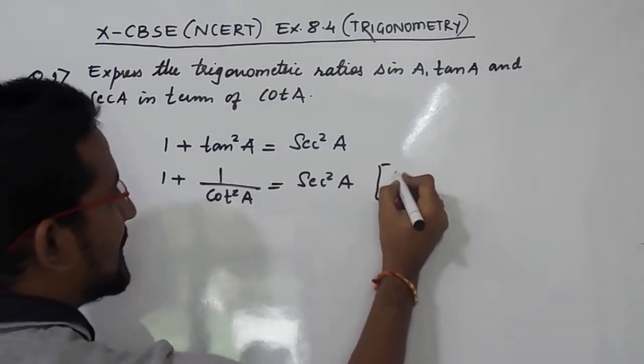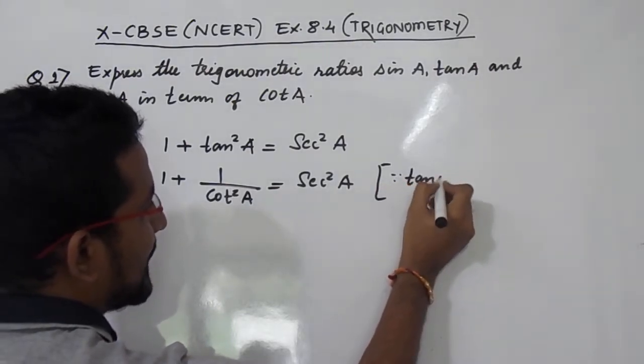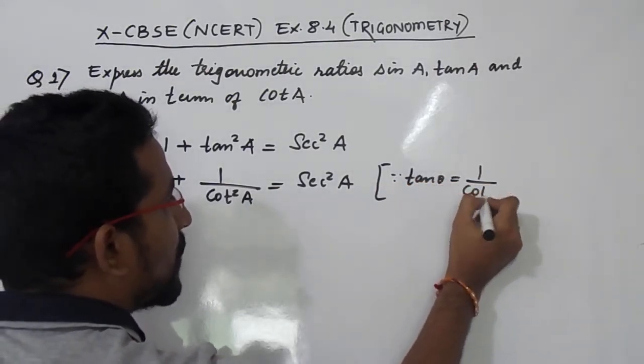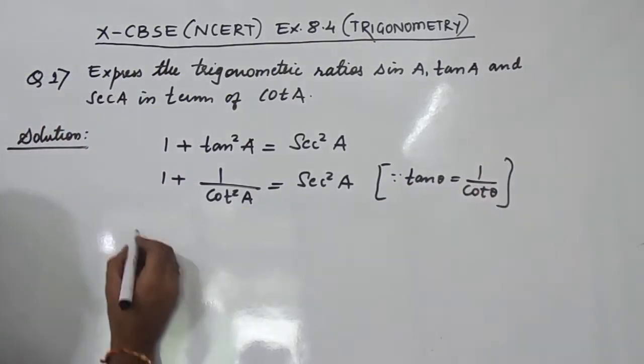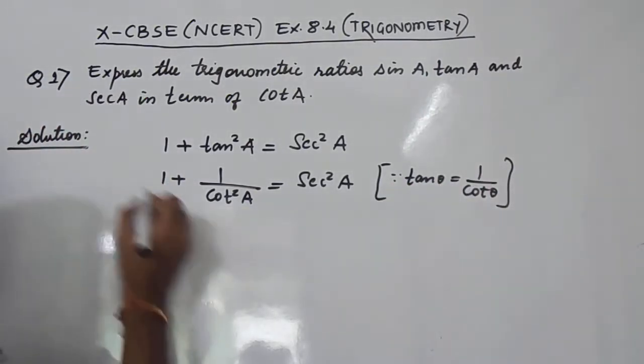Since we know that tan theta is equal to 1 upon cot theta, or cot theta is equal to 1 upon tan theta, we'll do the cross multiplication here.